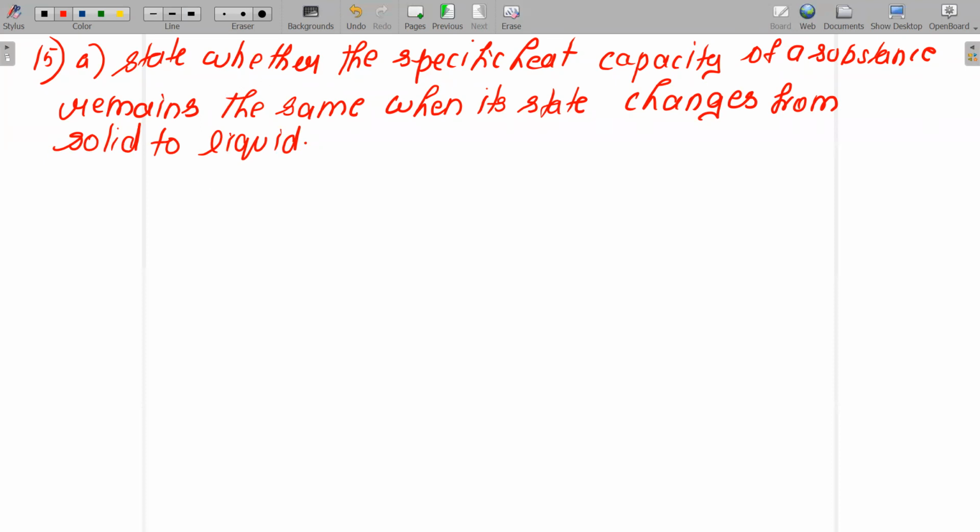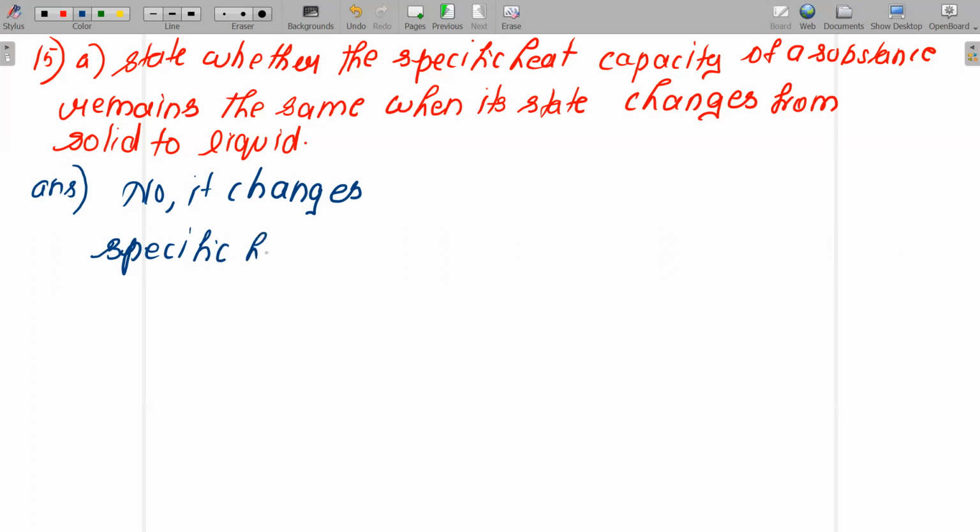Will it change now? No. It won't change, right? Very good answer. No, it changes. If you want to know, what is the specific heat capacity of ice?